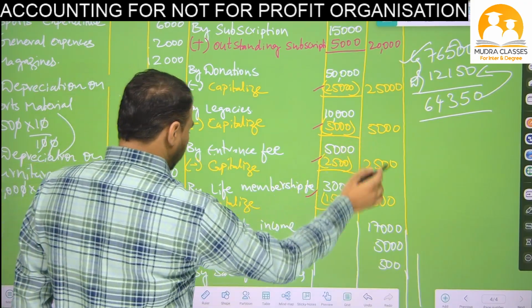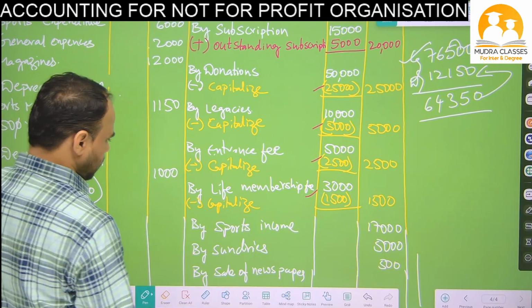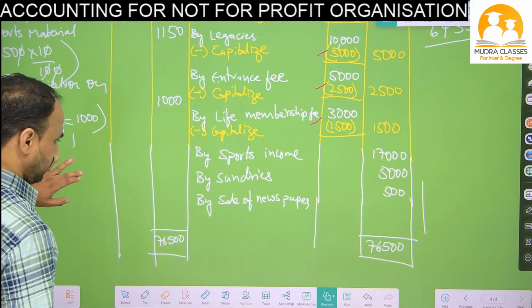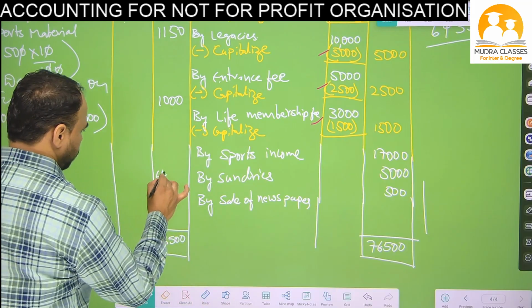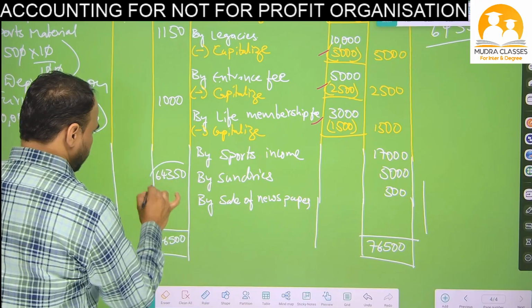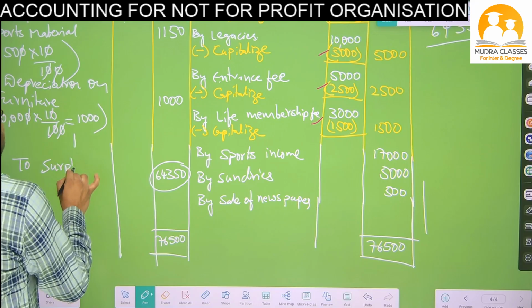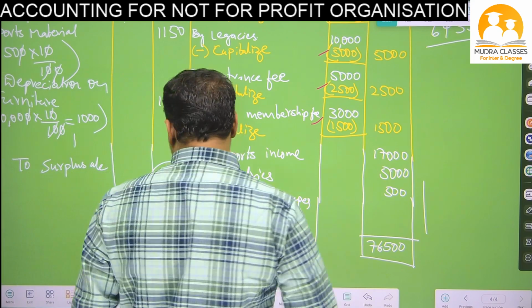So this amount we have to write on the debit side. Right. So here I will write 64,350. This is transferred to surplus account. Okay, very simple, very easy chapter.